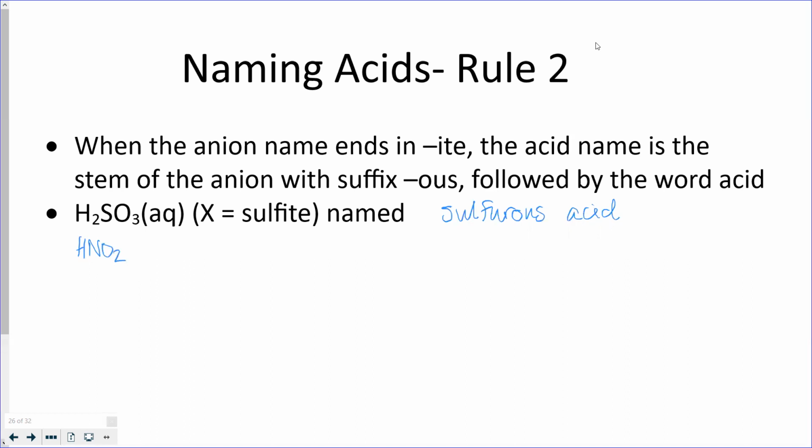NO2 is nitrite. So when naming this, there's no prefix, but it would be nitrous acid. These are not as common because there's not as many polyatomics that end in ITE, but we can come across it periodically.